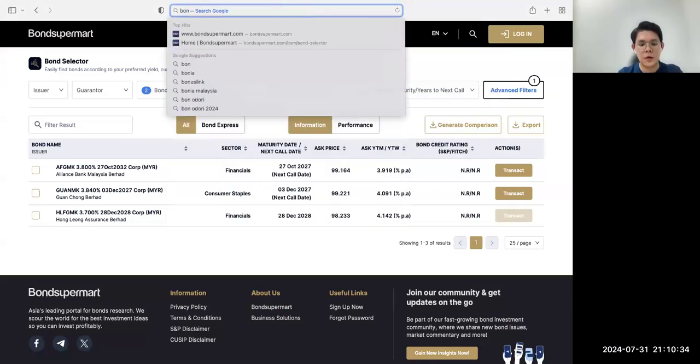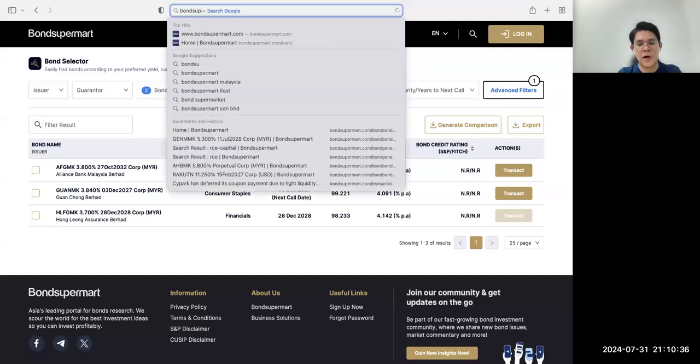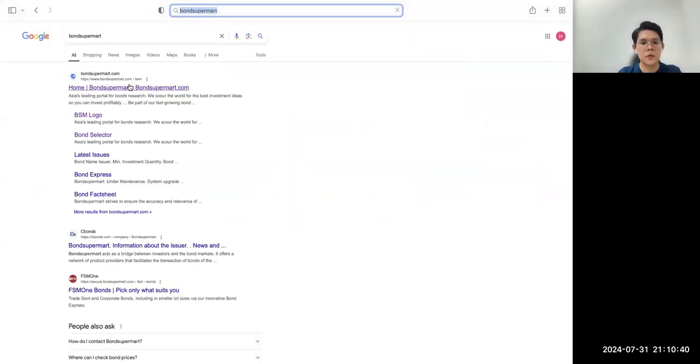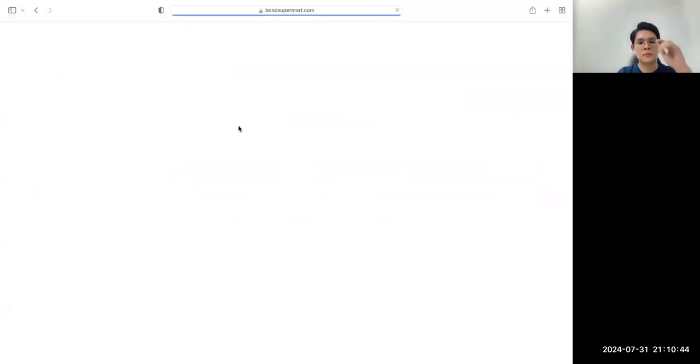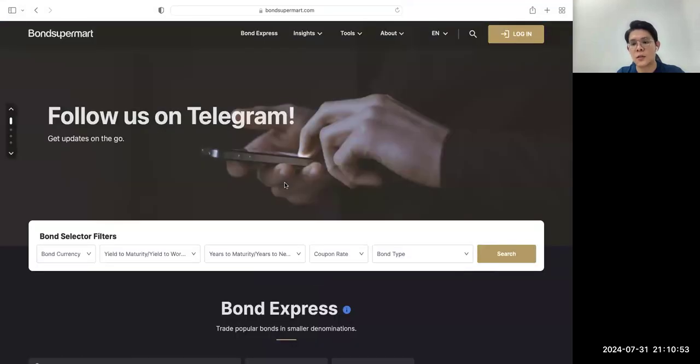So I just repeat again. We can go to a website called Bond Supermart. Bond Supermart is a platform where we can go and search all the bonds available in the market.